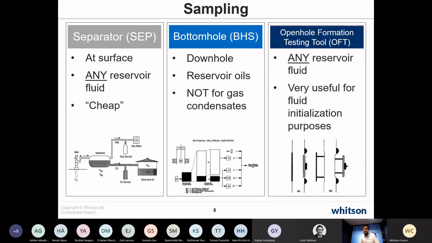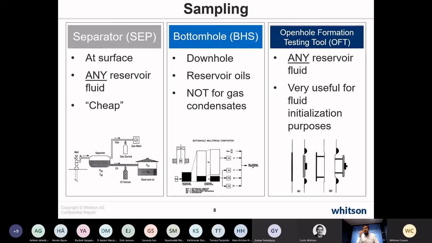If you are 100% sure that the gas condensate reservoir is highly undersaturated and the well stream will remain in single phase until it reaches the downhole sampler, then you can use the bottom hole sample, but that's often not the case.